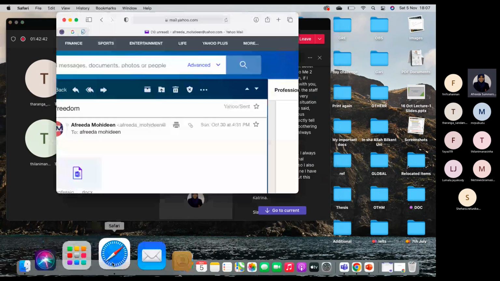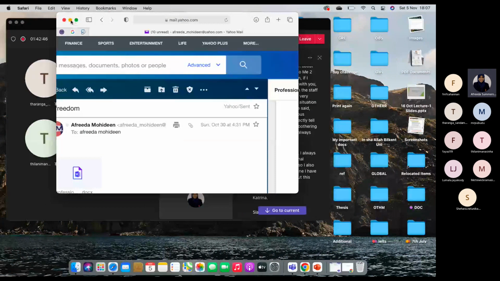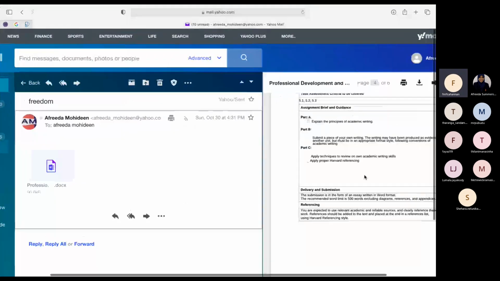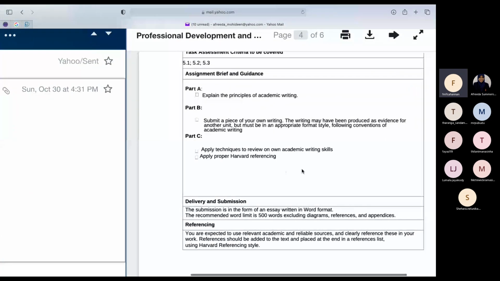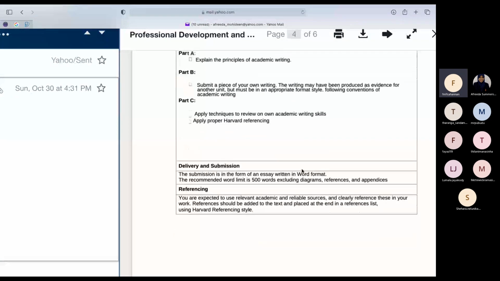You mean the word count for the question number 2? Is that your question? Yes, ma'am. Because all three will be part of the second assignment, no? Yeah. It is the word count 1500, no? It is including the second B part also. Now she is thinking that B is a separate one.